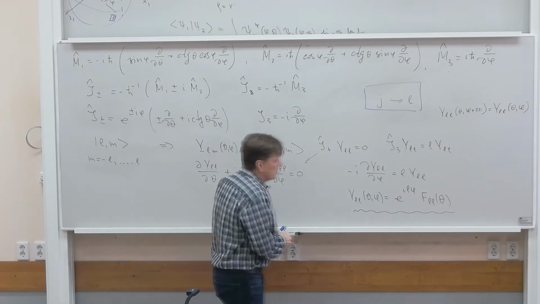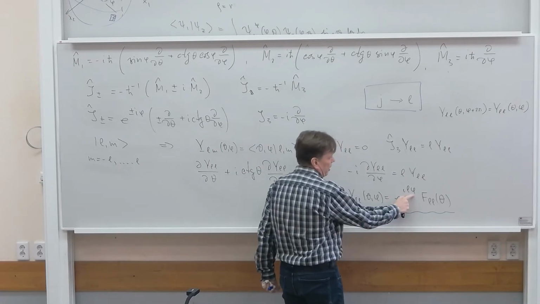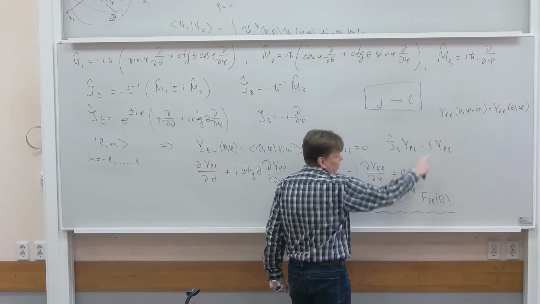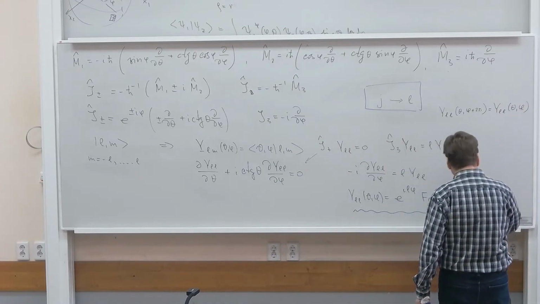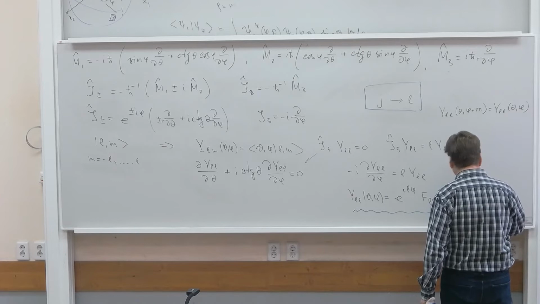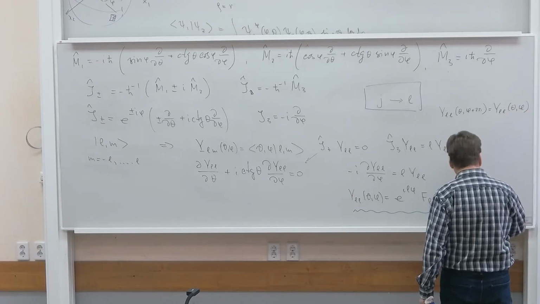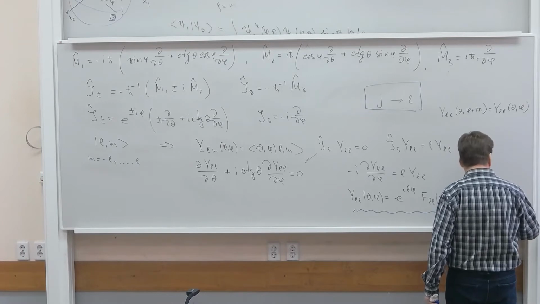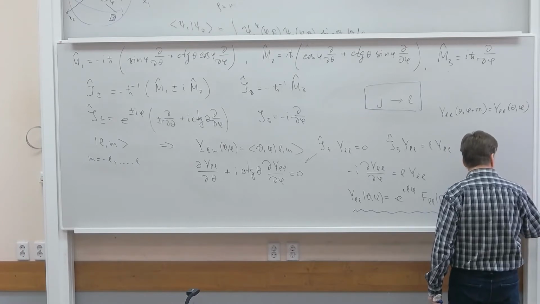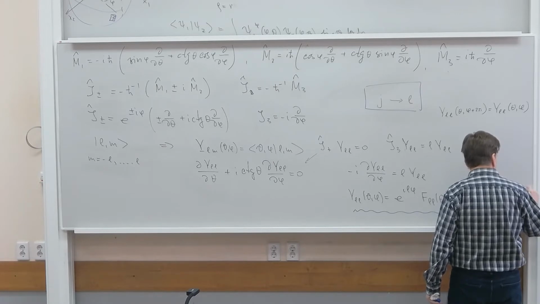But if you translate phi by 2 pi here, we get an extra factor exponential of i L 2 pi.